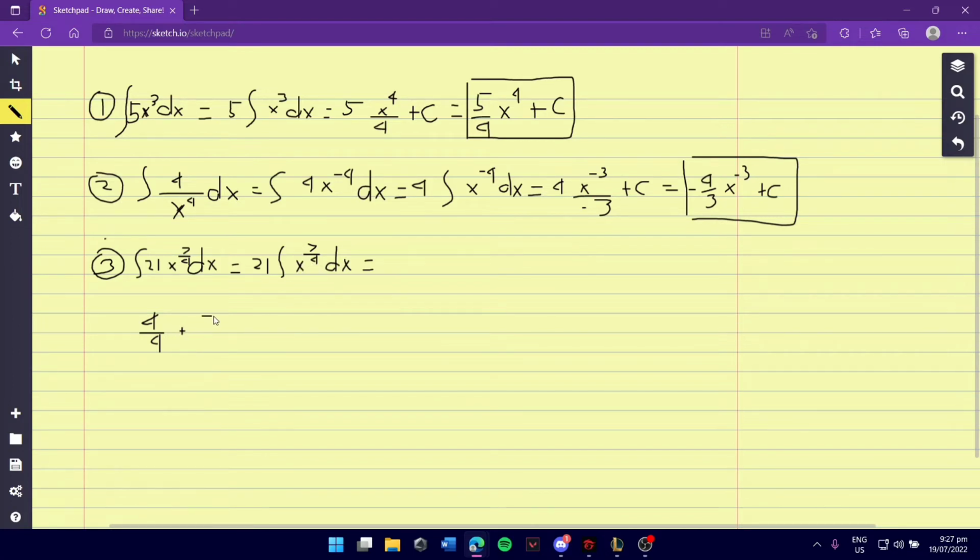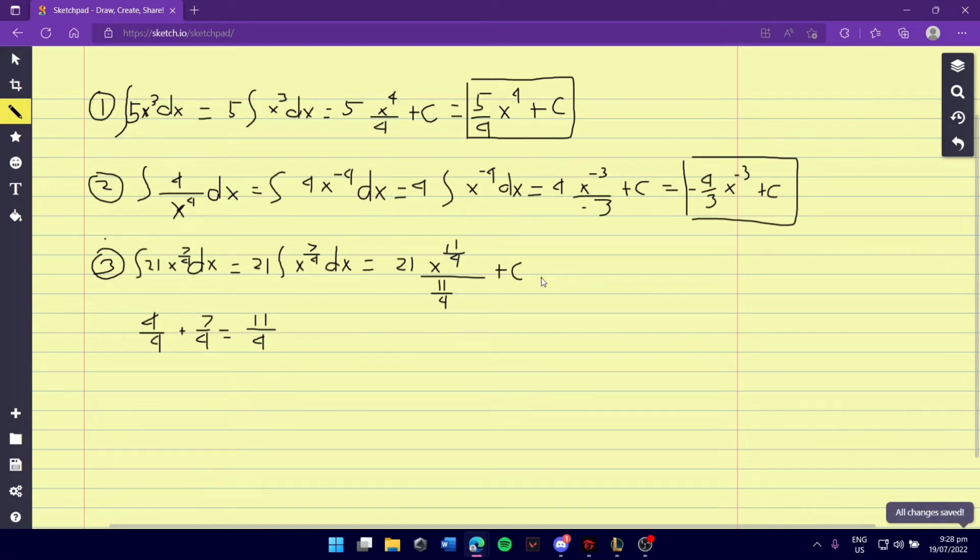So by adding that, we have 7 fourths, and then 7 plus 4 is 11 over 4, because it has the same denominator. So by adding 1 to the exponent, we will have 21 x raised to 11 fourths over 11 fourths plus c.